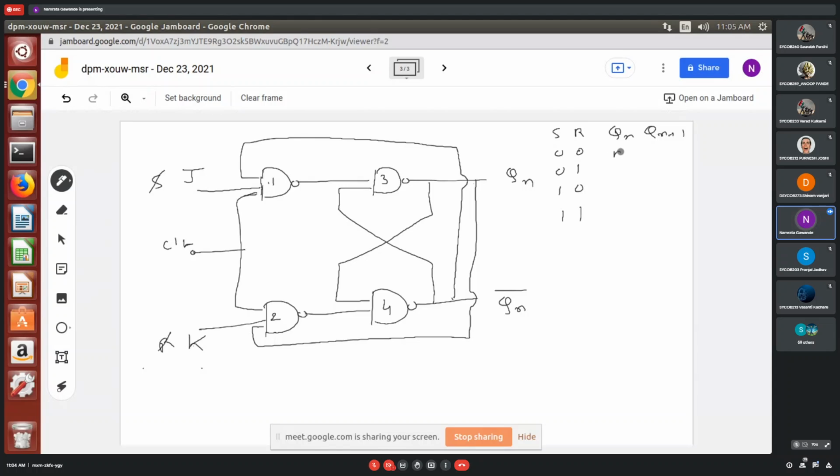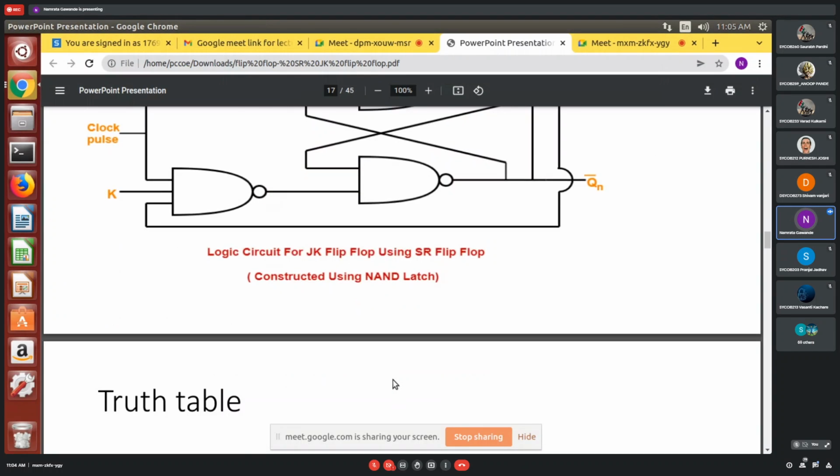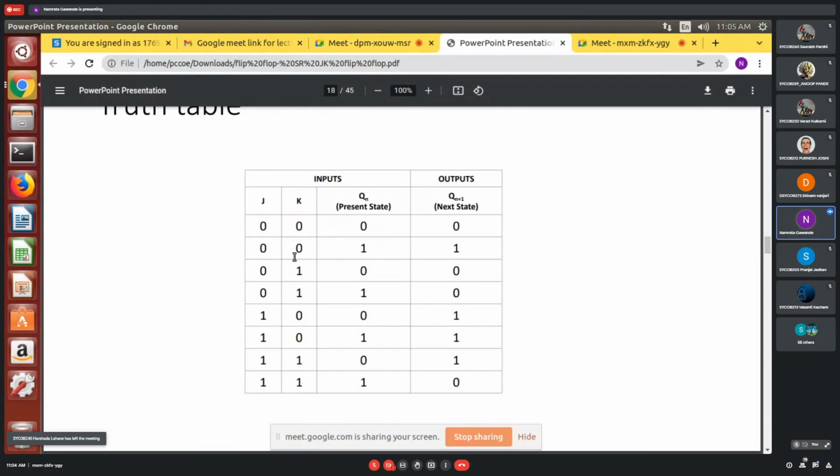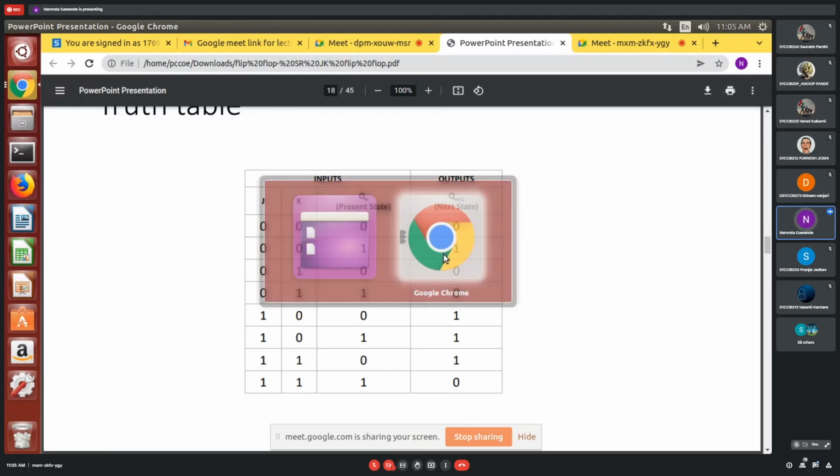So this is the memory state. Let me give you an idea about another truth table, because we will require this truth table for this. See over here, for this first input, I will write both.